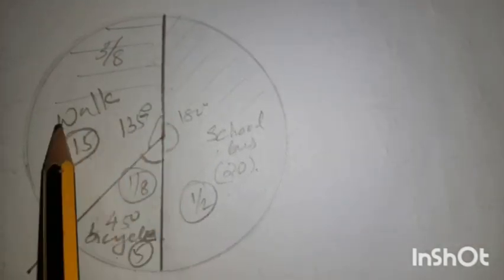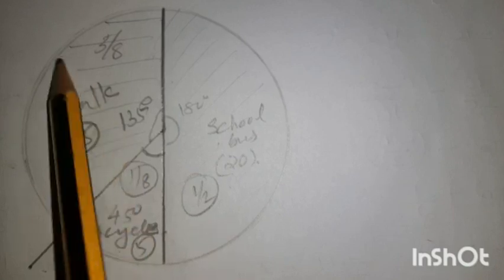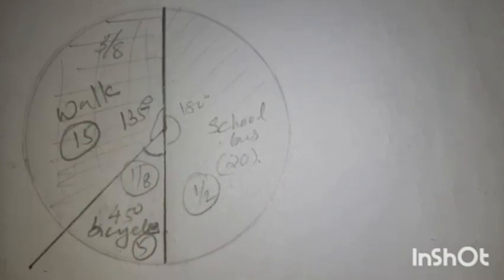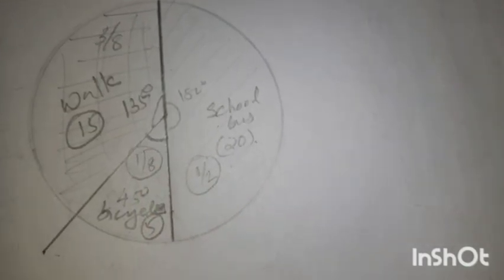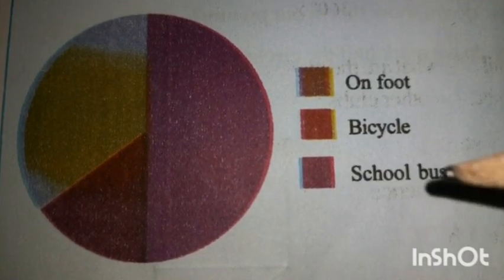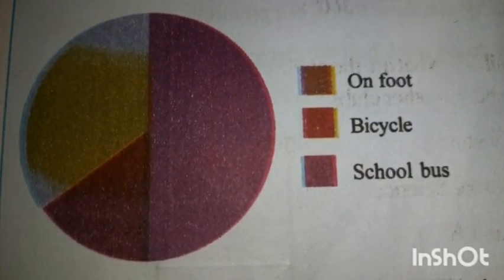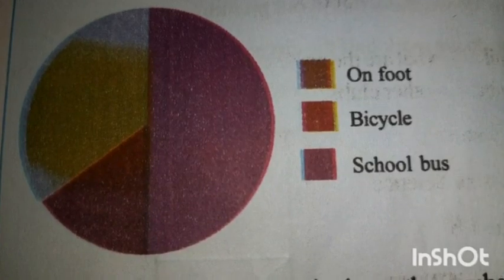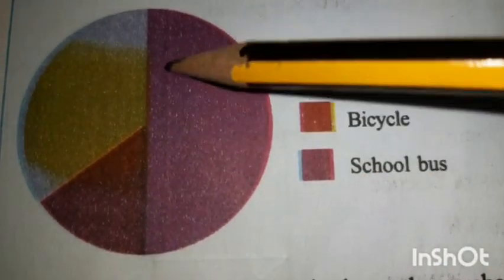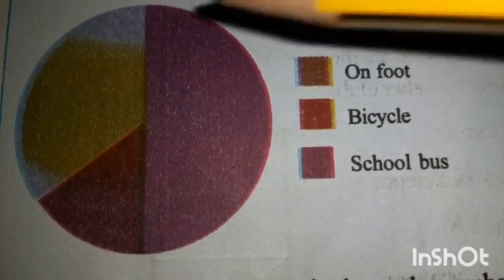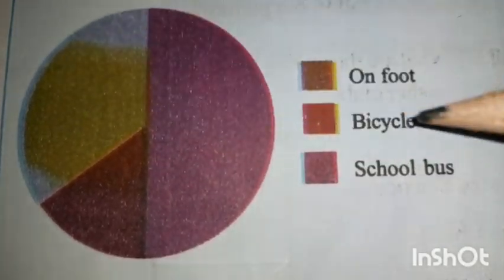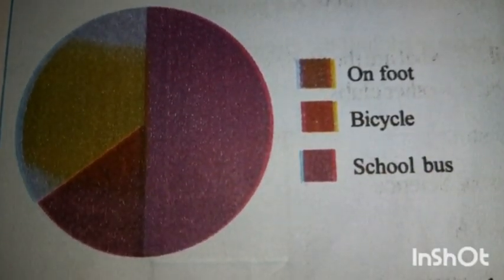And you can shade it to identify easily. You can give colors for each part: on foot, bicycle, and school bus. School bus students are more, then on foot is here, and bicycle students are in this part.